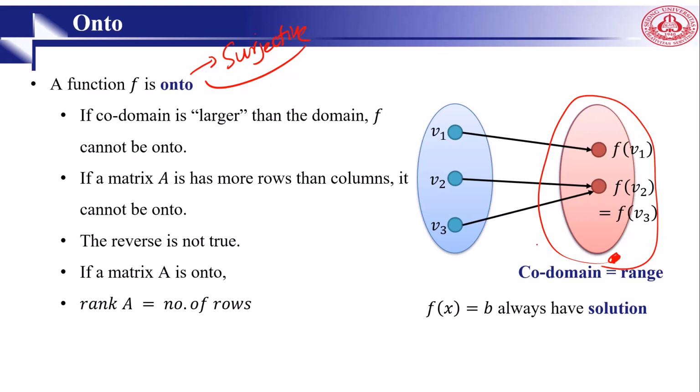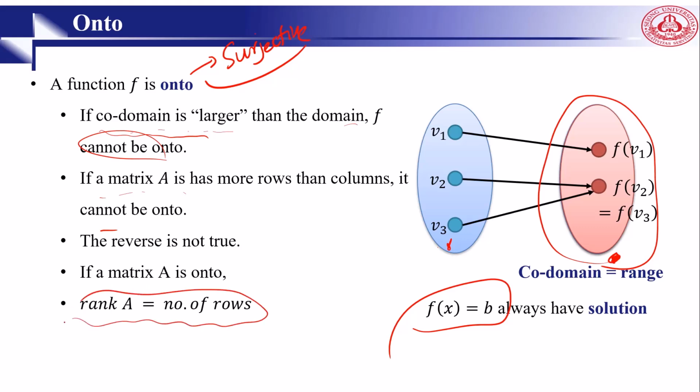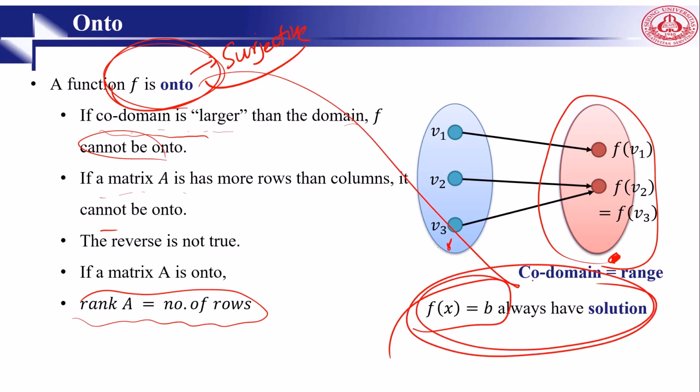In other words, for every b in the codomain, there exists at least one a in the domain such that f(a) is equal to b. So if a function f is onto, then the codomain cannot be larger than the domain. If matrix A has more rows than columns, it cannot be onto. But the other side is okay. If a matrix is onto, then the rank of A is equal to the number of rows. And if a function is onto, then we always have solutions.